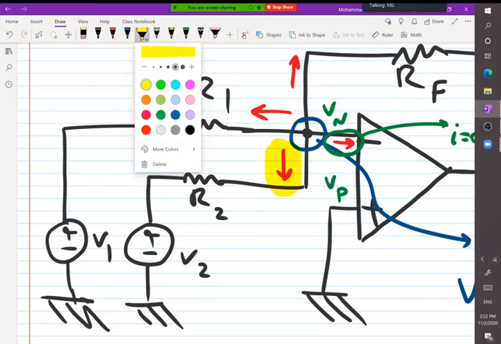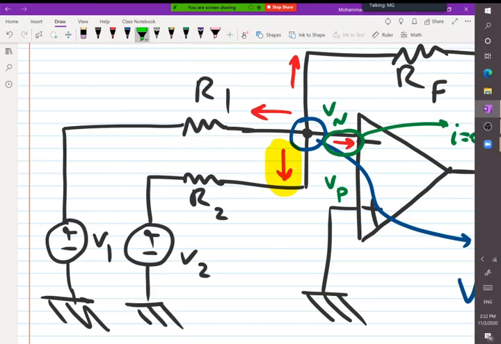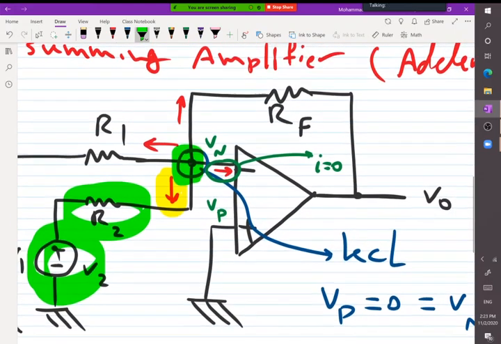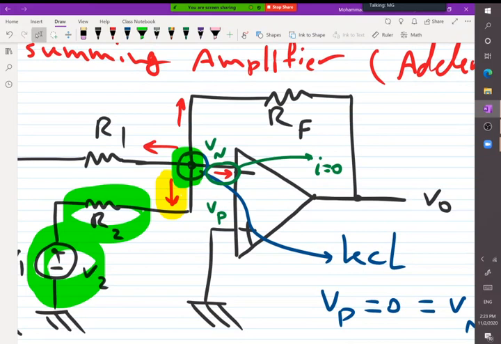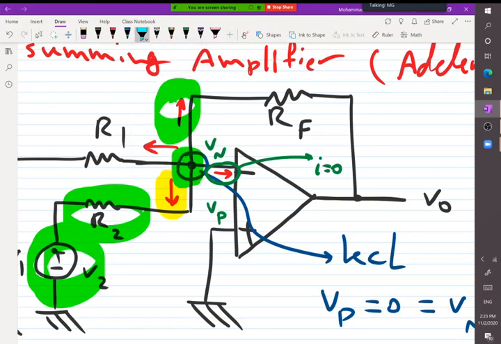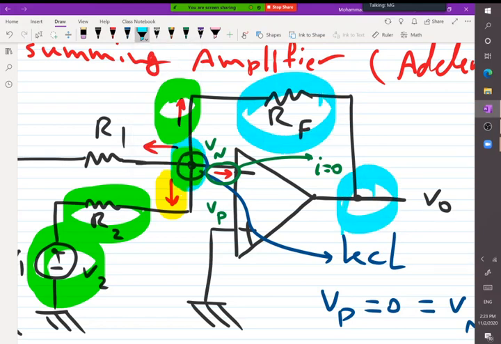Of course, it is equal to Vn, the voltage of one side of a resistor, minus V2 over R2. Okay? And the same thing for the last one. This current has a value of Vn minus Vo over Rf.